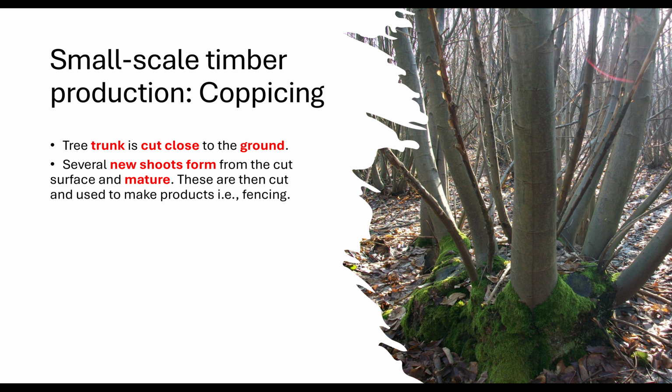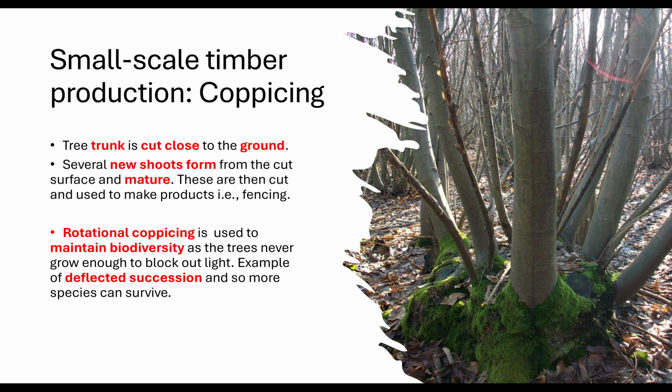So if we are removing these tree trunks and therefore removing these trees which could be habitats for different organisms, we should do what's known as a rotational coppicing process. Now, by doing this rotational coppicing process, it means that we are going to be able to maintain biodiversity. Now, that is normally because by doing this rotation process, the trees never grow enough to block out that light.